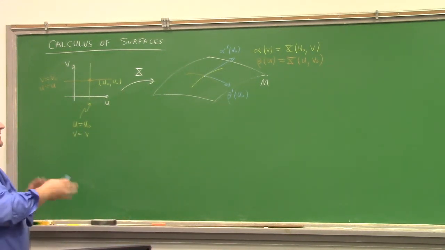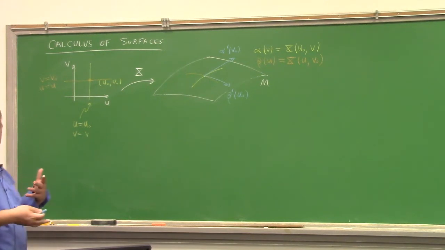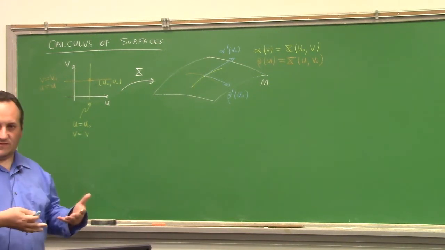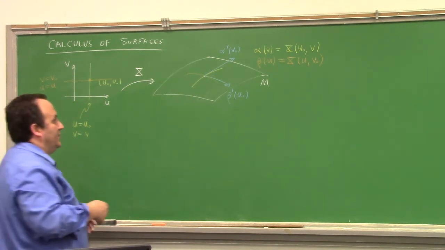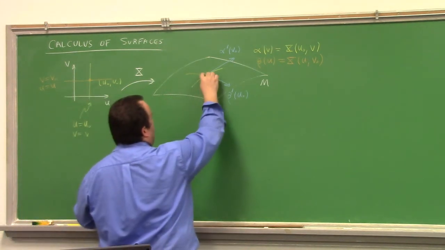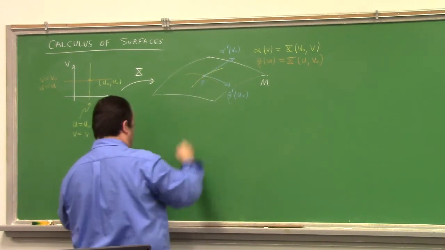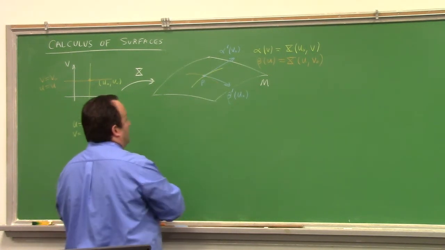And I'd like to say that those vectors that I just drew are in the tangent space to the manifold, surface, at the point in question. Let's call this point P. All right? So let me be more clear here.